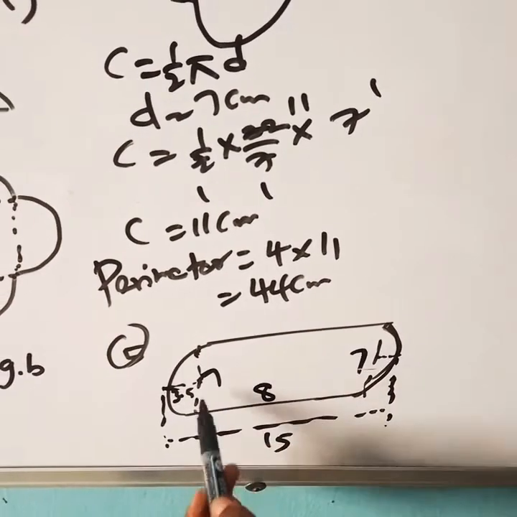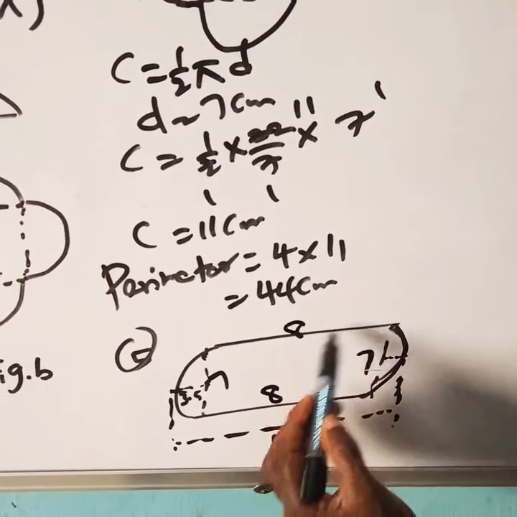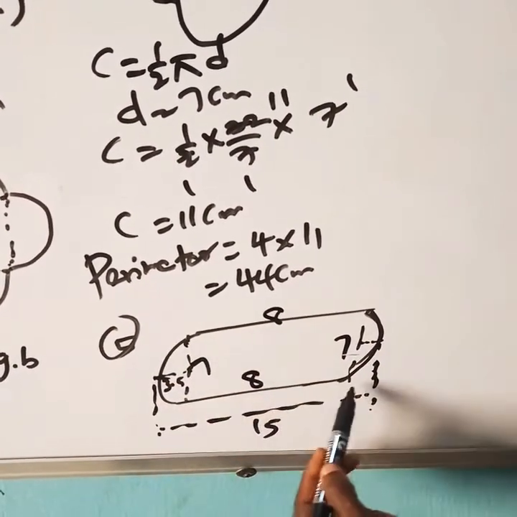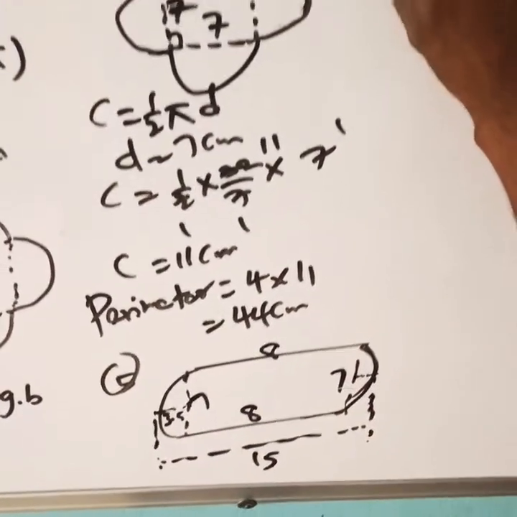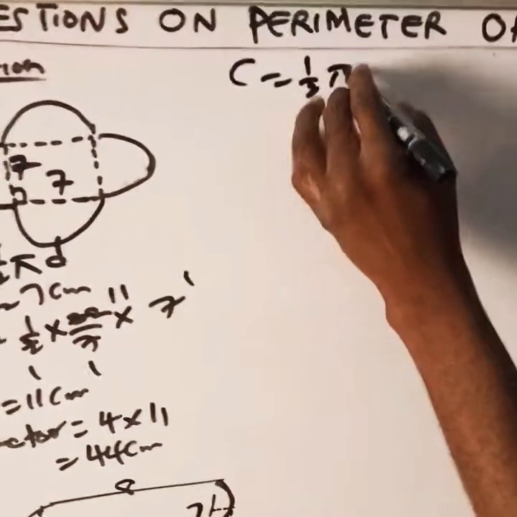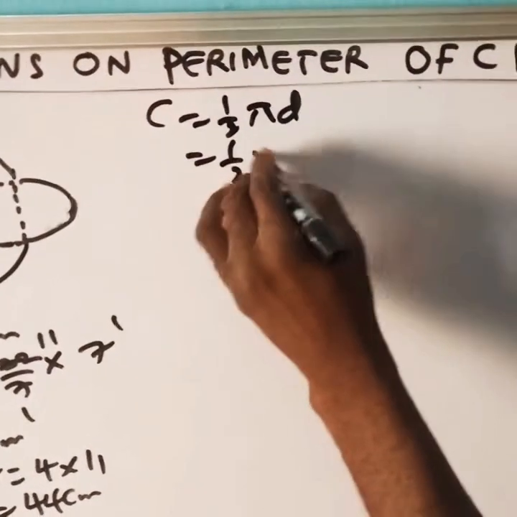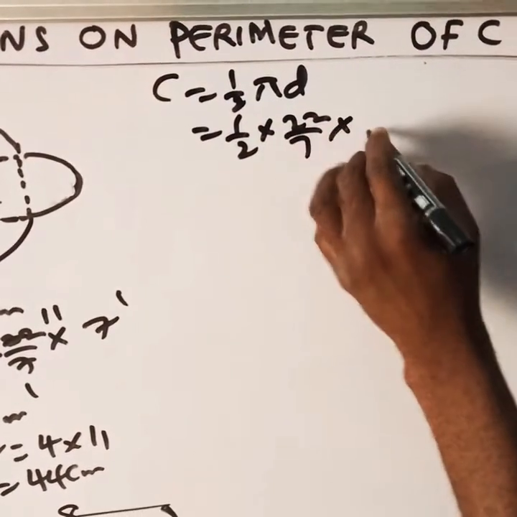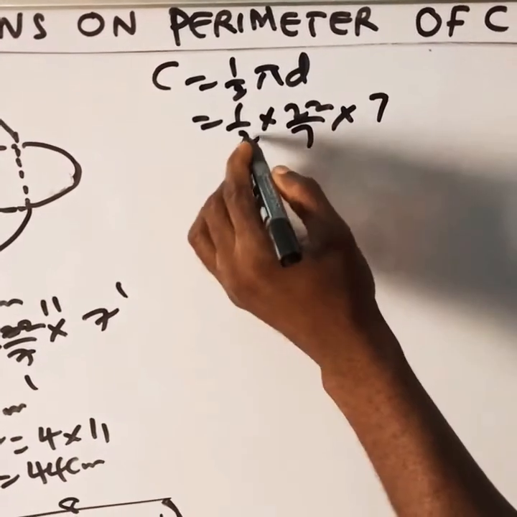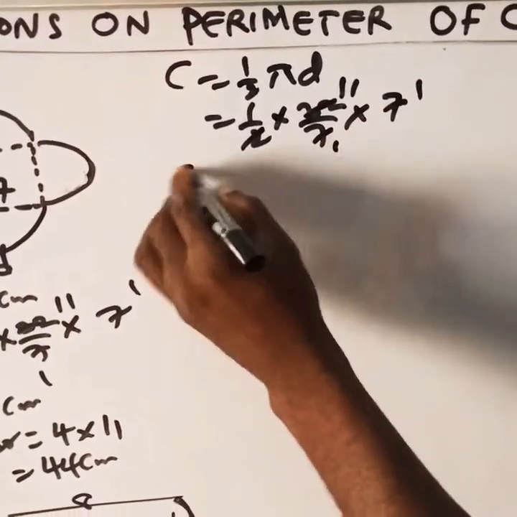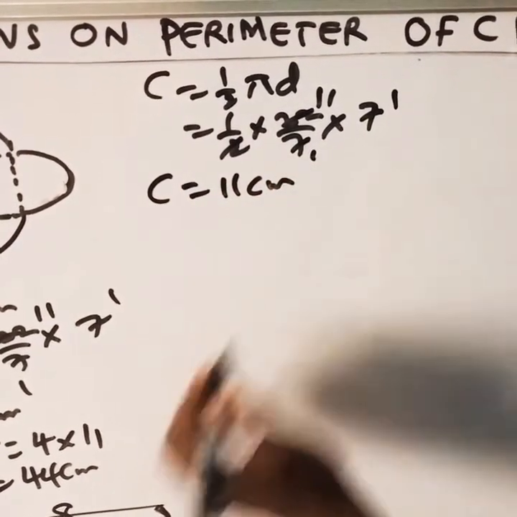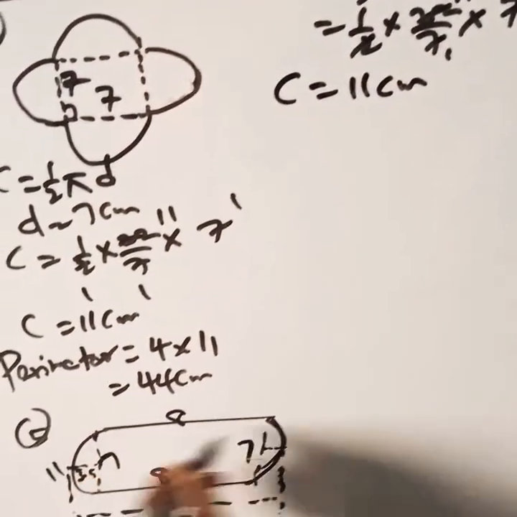So the perimeter will now be 8 plus circumference plus 8 plus circumference. The two semicircles have the same diameter, so the circumference is half pi d, which is half times 22 over 7 times the diameter, 7. So circumference is 11 centimeters. So this is 11, this is 11.